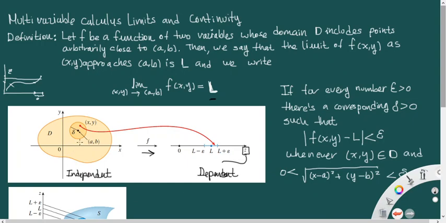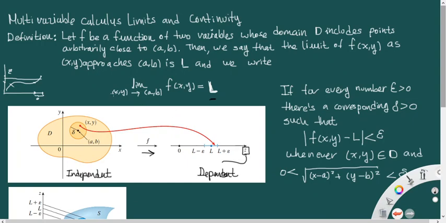So if the limit exists, we will have that the limit of f of x comma y as x comma y approaches a given point a, b is equal to L, and the plus minus epsilon here will be proportional to this plus minus delta in the independent variable domain.